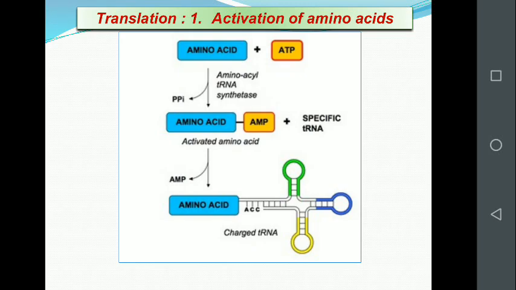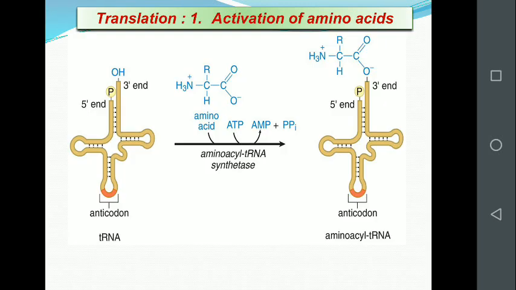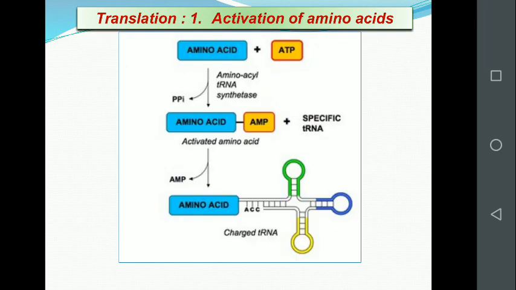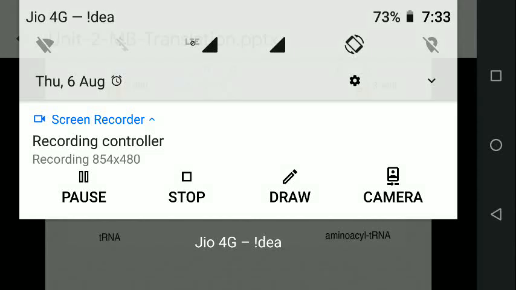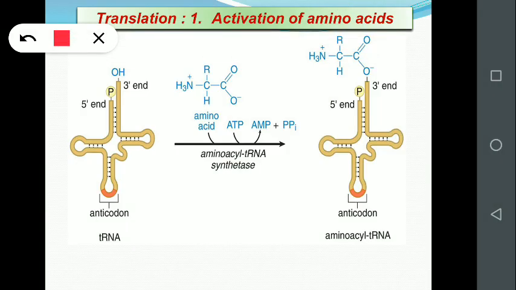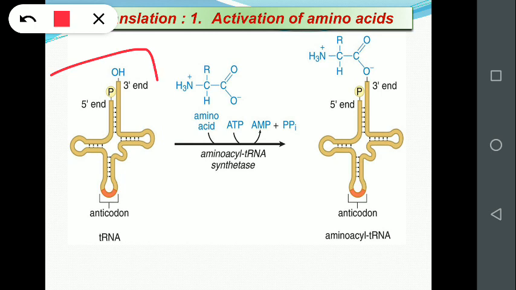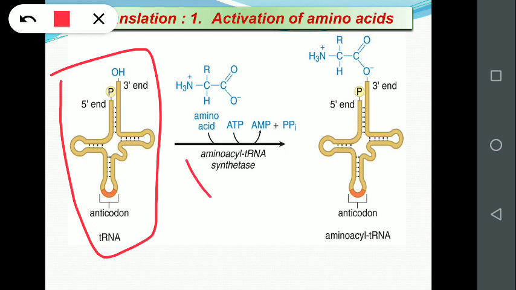Suppose this is one specific tRNA. Now the aminoacyl tRNA synthetase carries out a specific esterification reaction.